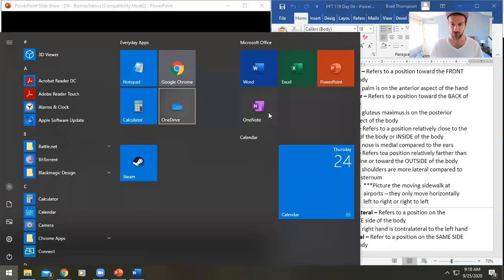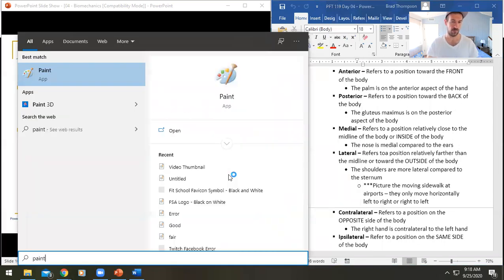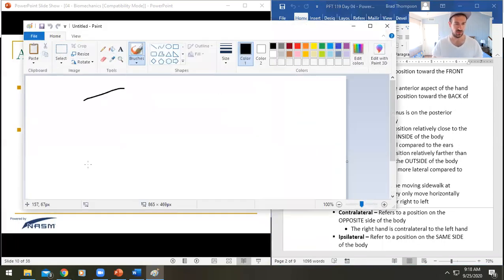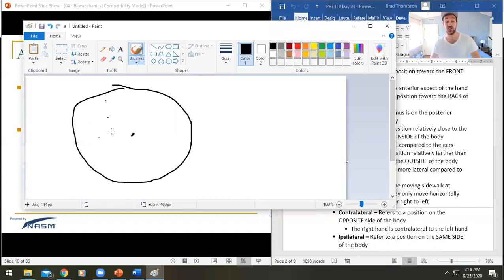So I'll do one more example here, just for proximal and distal. Picture a circle. Here's the center of that circle. If you put two points, these look somewhat similar in terms of how far away they are, but let's say we measure it and we'll say that this one is 18 inches, and this one's just slightly closer at 17 inches.